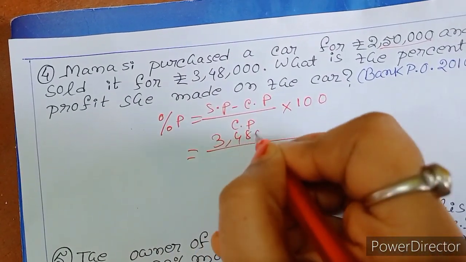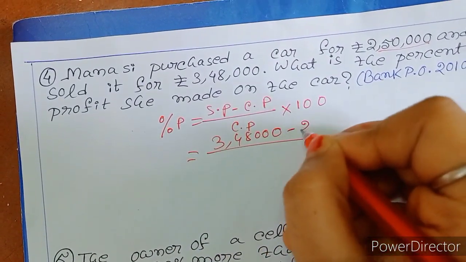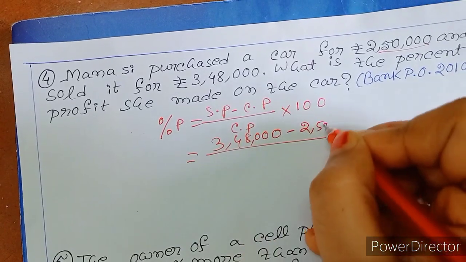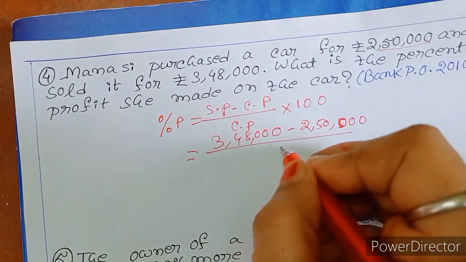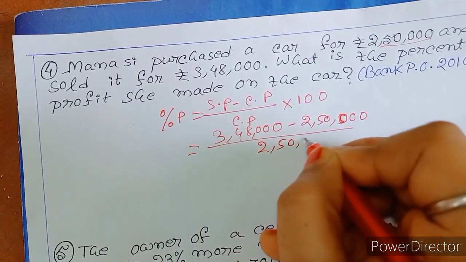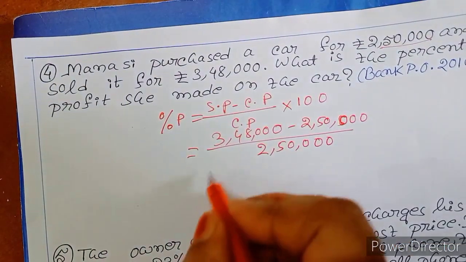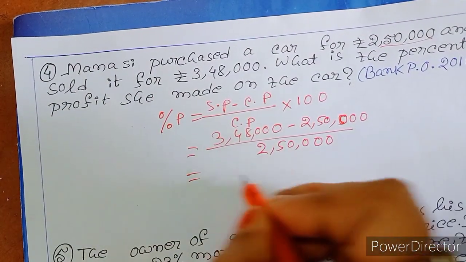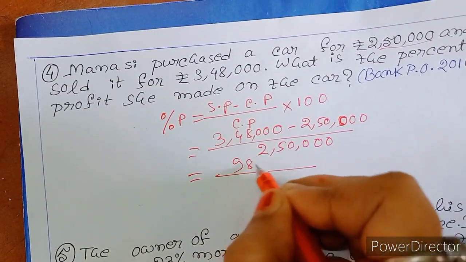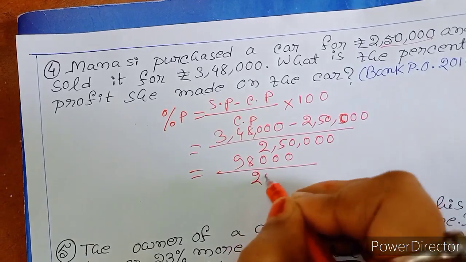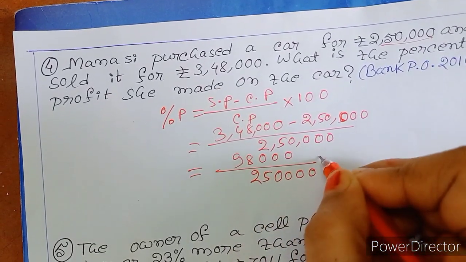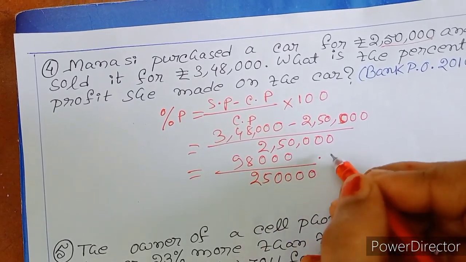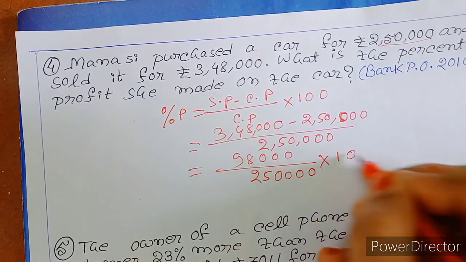Then 3,48,000 minus 2,50,000, by 2,50,000 because here the cost price is 2,50,000. So 98,000 by 2,50,000 into 100.